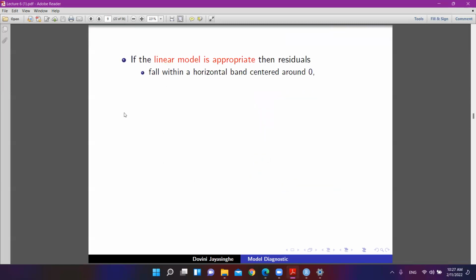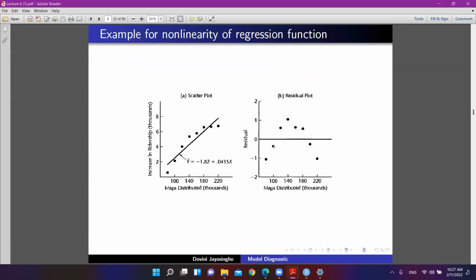If the linear model is appropriate, then residuals fall within a horizontal band centered around 0. Why centering around 0? Because the average error should be 0. On average, it should be 0, so it should be scattered somewhere around 0, and also it should be a constant band to show that it doesn't have any pattern, it's linear.